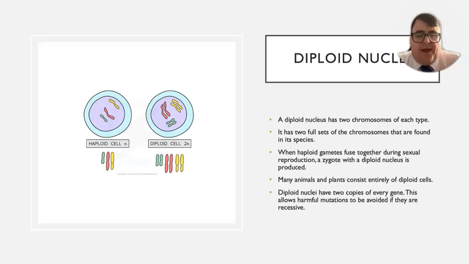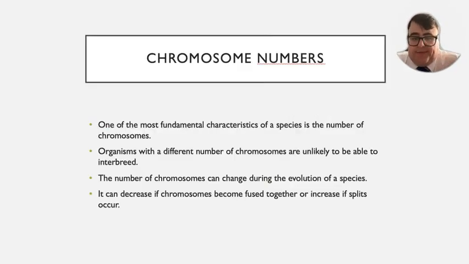Moving on from that and looking at chromosome numbers. This is one of the key things that differentiates between different types of species: how many chromosomes they have. If an organism has a different number of chromosomes, then they can't breed together. For example, I'm taking the numbers off the top of my head, so they could be slightly wrong.